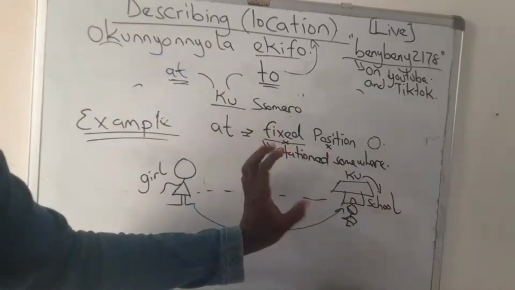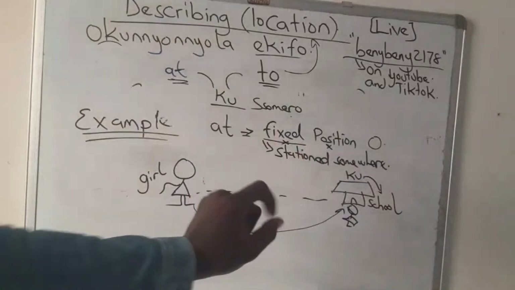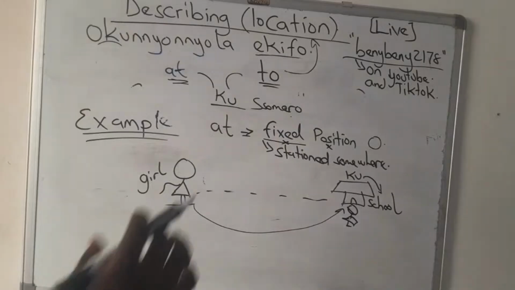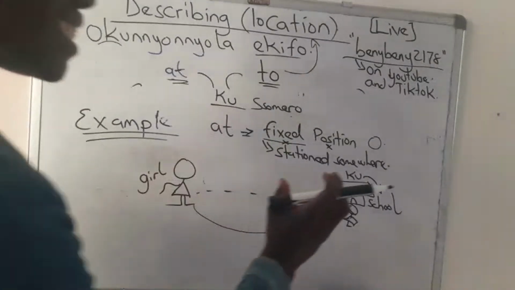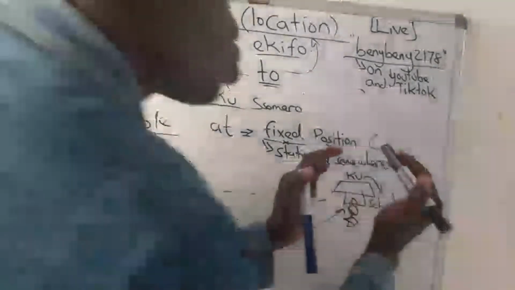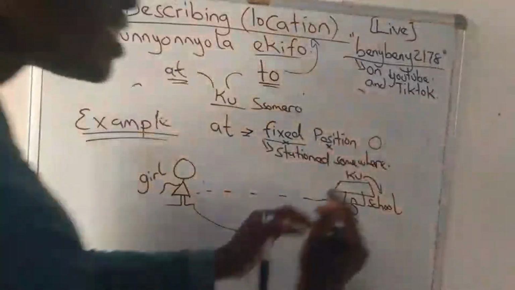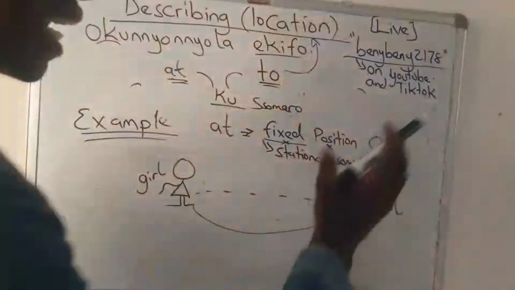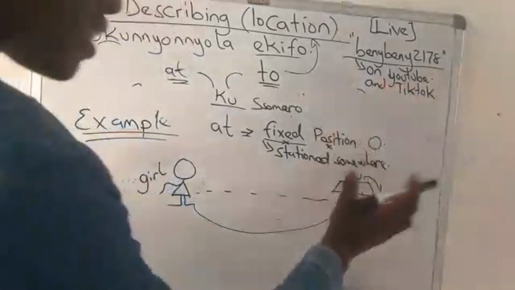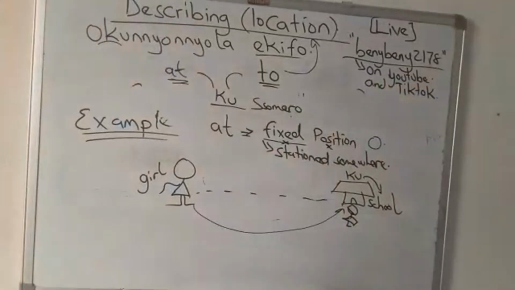Okay? At ngikozesa nga ndi ku fixed position. Once again, at ngenda gikozesa when something is at a fixed position nga kituuse. Fixed position, or it is stationed somewhere nga kituuse kiri wamu at that position. Are we together? Okay, let's proceed.